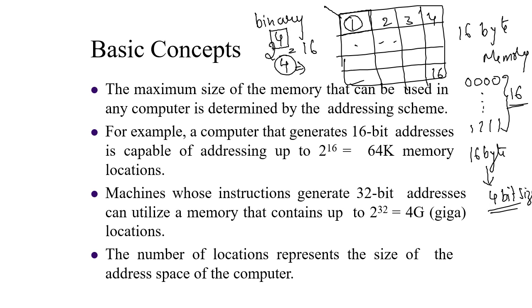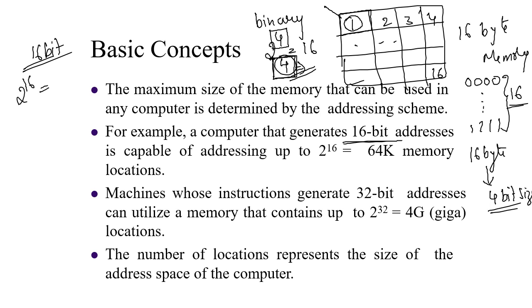The number of address bits determines the maximum size of memory that can be interfaced to a processor. For example, in the example we had only a 4-bit address, but if we have a 16-bit address bus, then you need to represent it as 2 power 16.